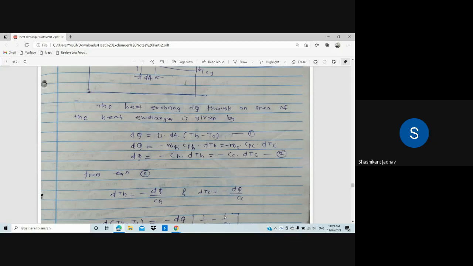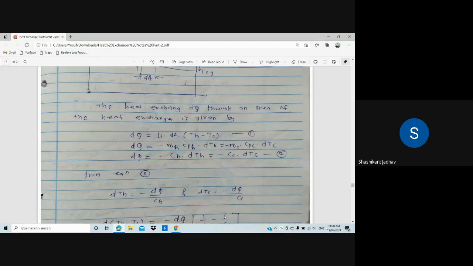Okay, and give the name equation number 2: dQ is equal to minus Ch into dTh is equal to minus Cc into dTc, and this is equation number 2.